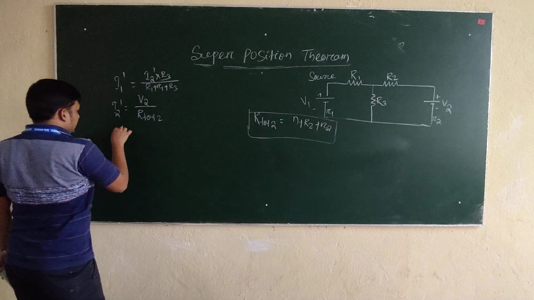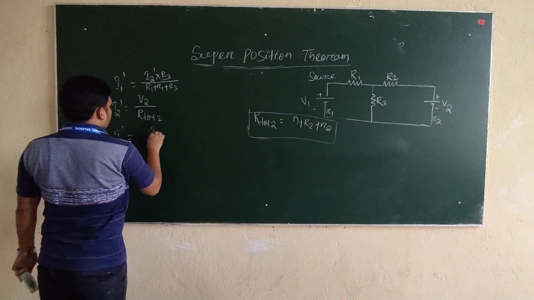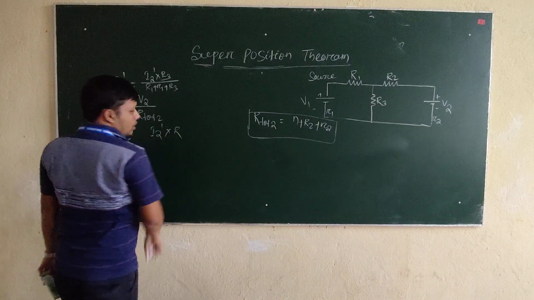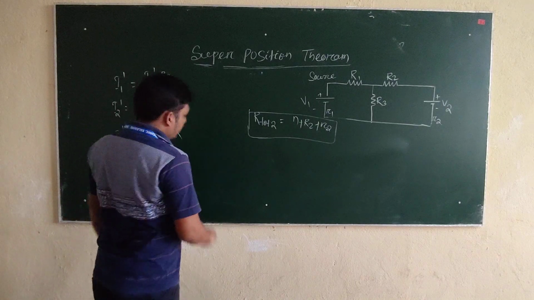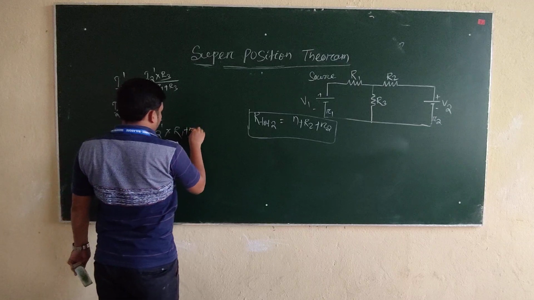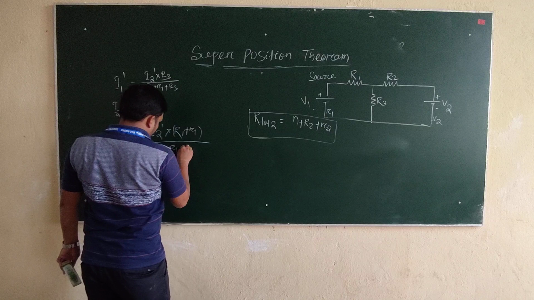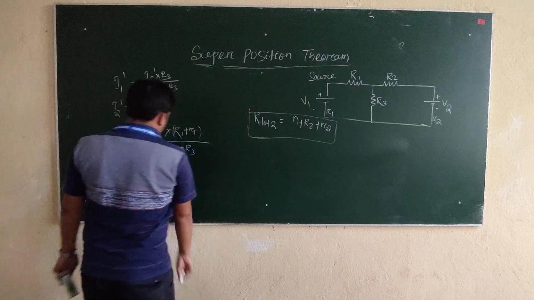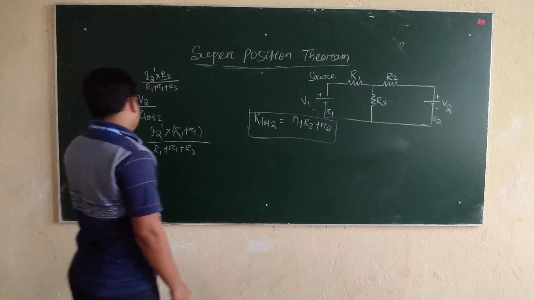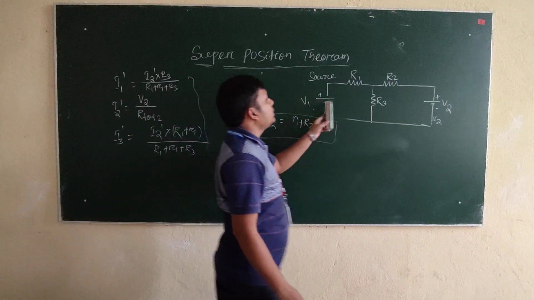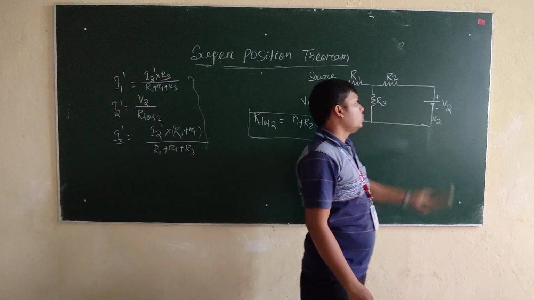Next, I3 dash is equal to I2 dash into R1 plus R1 divided by R1 plus R3. These are the three currents by considering the source V2.